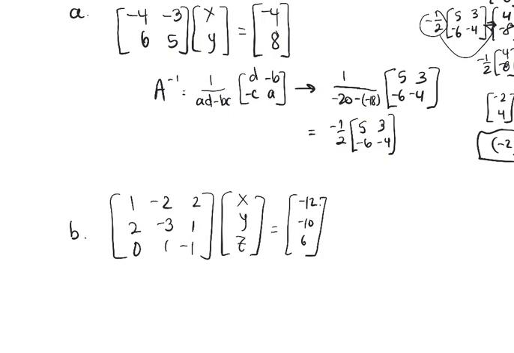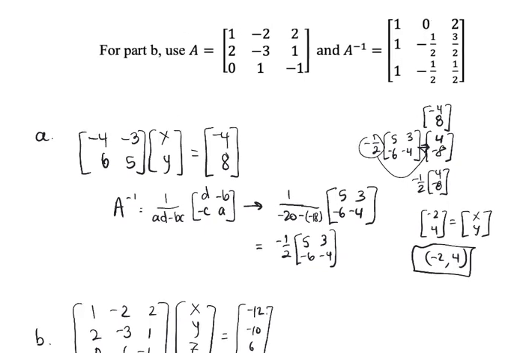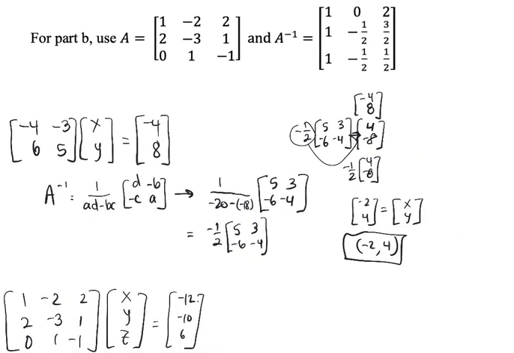Now, if we were to proceed like we did in part A, we would have to find the inverse of this matrix. Luckily for us, finding the inverse of a 3 by 3 matrix is quite difficult. It's been given to us right here. We use that as the inverse.